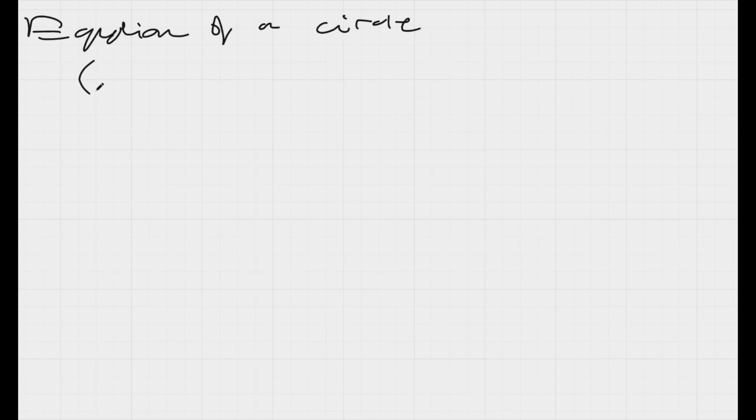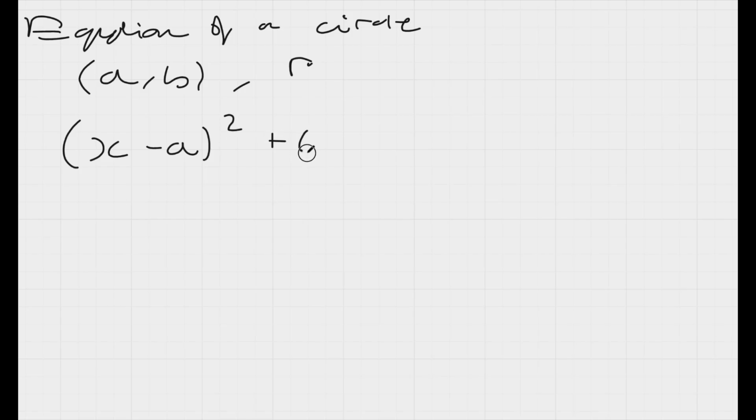If I have a circle with the center (a, b) and radius r, the equation of my circle will be (x minus a) whole squared plus (y minus b) whole squared equals r squared. Super easy, super simple.